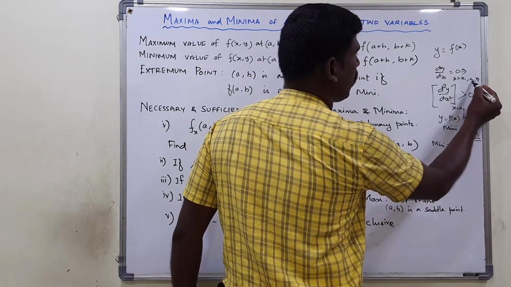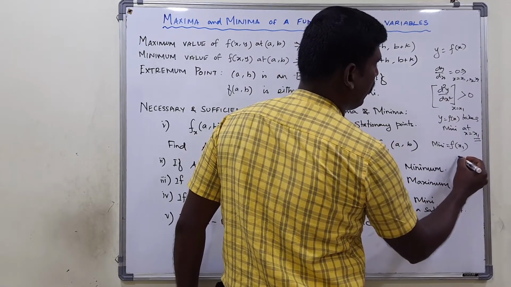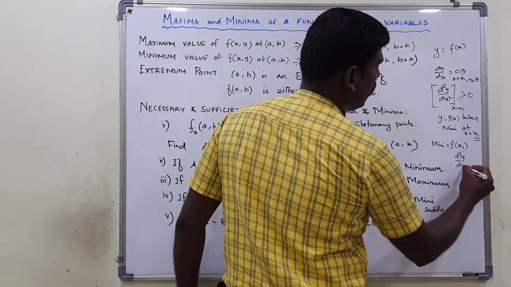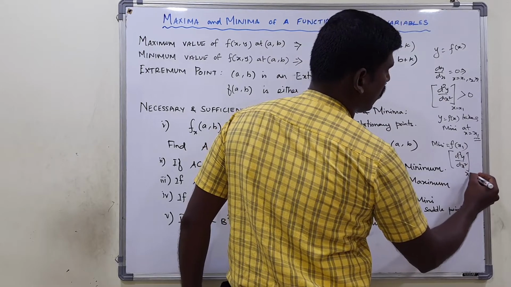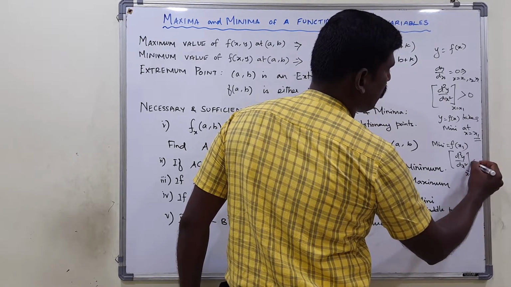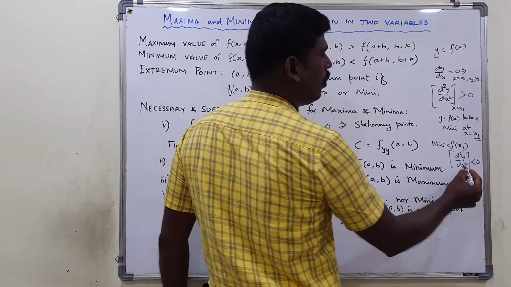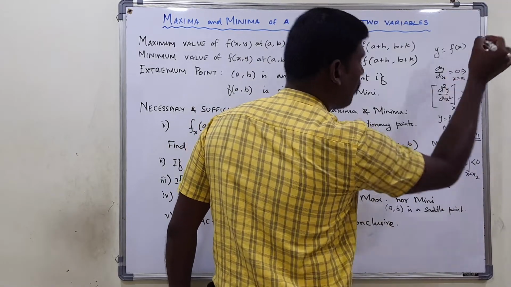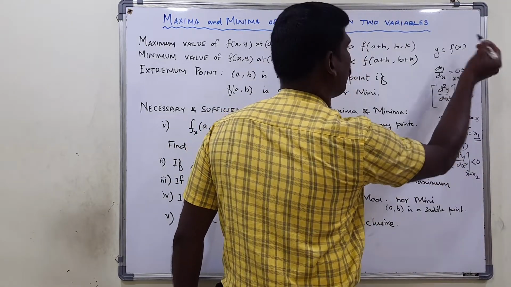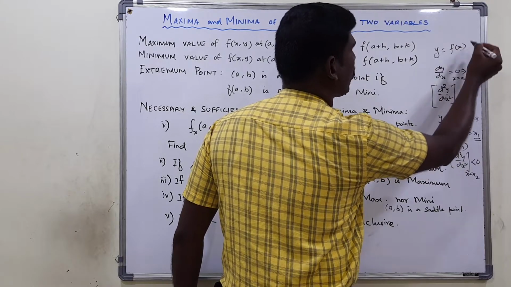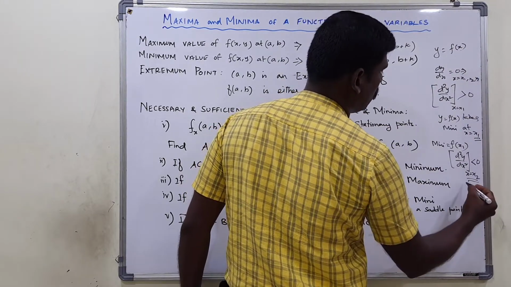Similarly, substituting another point x2 in the second derivative, you can get d square y by dx square at x equal to x2. Suppose it is negative, then y takes maximum value, that means f of x. Y is f of x. So y takes maximum means f of x takes maximum at x equal to x2, right?